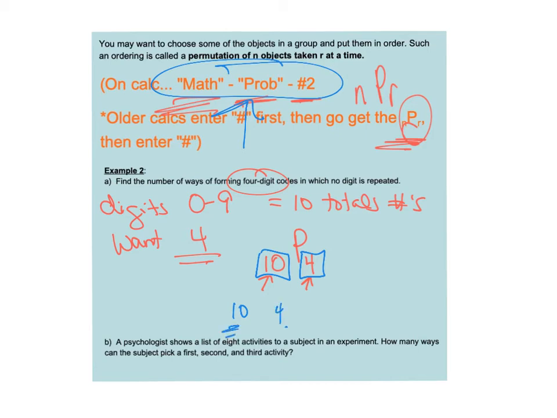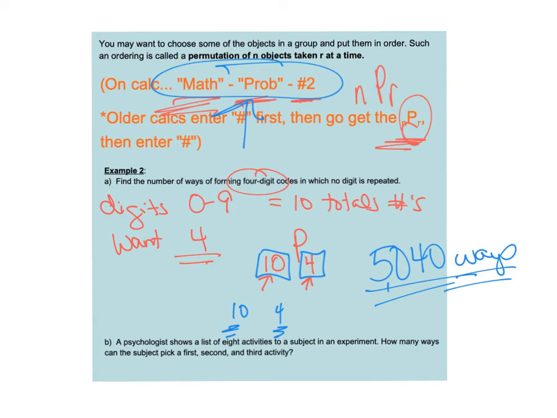The 10 and the 4 would not be smaller numbers. They would not be subscripts. They would be normal size numbers. But anyway, when you do that with your calculator, there are 5,040 ways to have a 4-digit code where no digit is repeated, made out of those 10 digits.